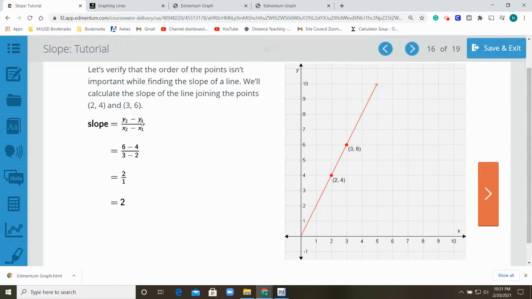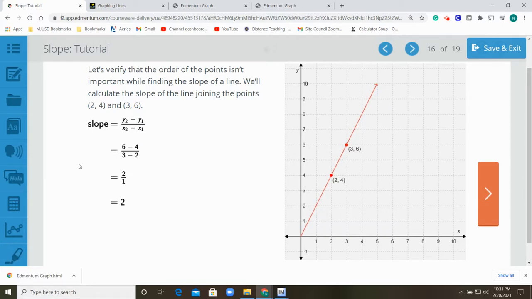The 6 over 3 is the x... sorry, scratch that. The y2, it's the second point, minus the y1.